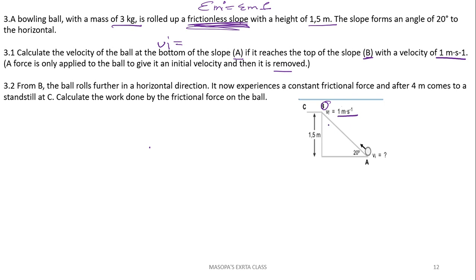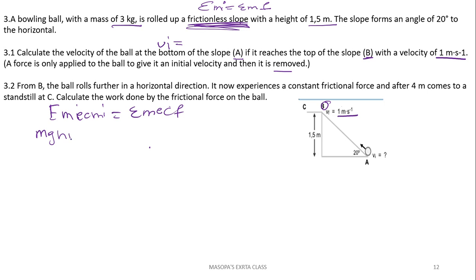Then you can see that there is no presence of frictional force. So therefore the Emac of this ball is constant. So you're going to say the Emac initial is equal to the Emac final.